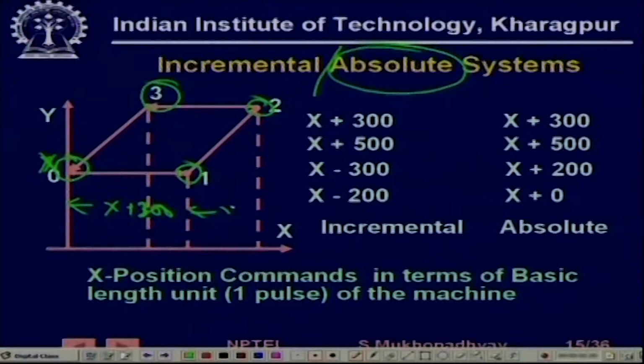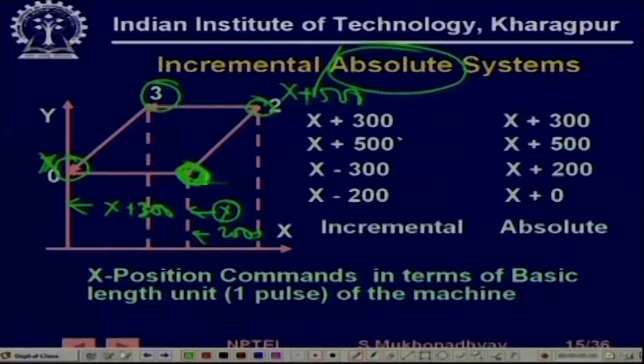Once you have done x plus 300, your current position is at 1. So the x coordinate of this point is x plus 300, and the coordinate of the next point is x plus 500. In the incremental system you always do it from the current point. The current point is here, so this is going to be 200.